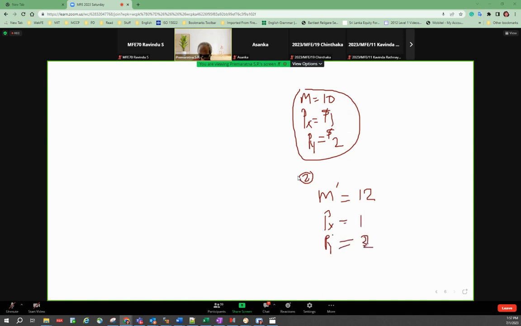Third exercise: if the money income stays at the original level, let's say 10, the price of X only increases up to $2, and the price of Y stays at $2. When you draw these three budget lines, I'll give you 2 minutes. With that 2 minutes, can you draw? And then you can see what happened to the budget line.